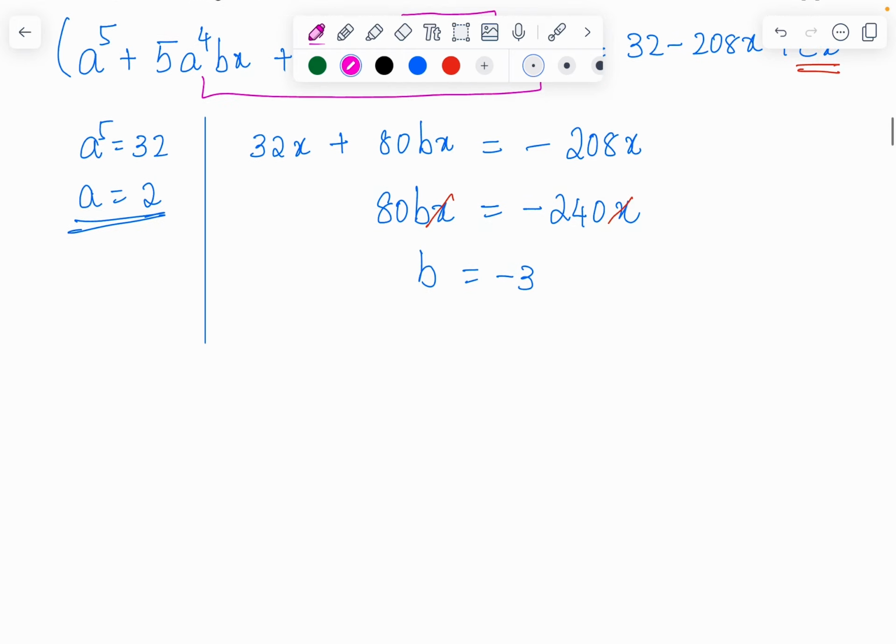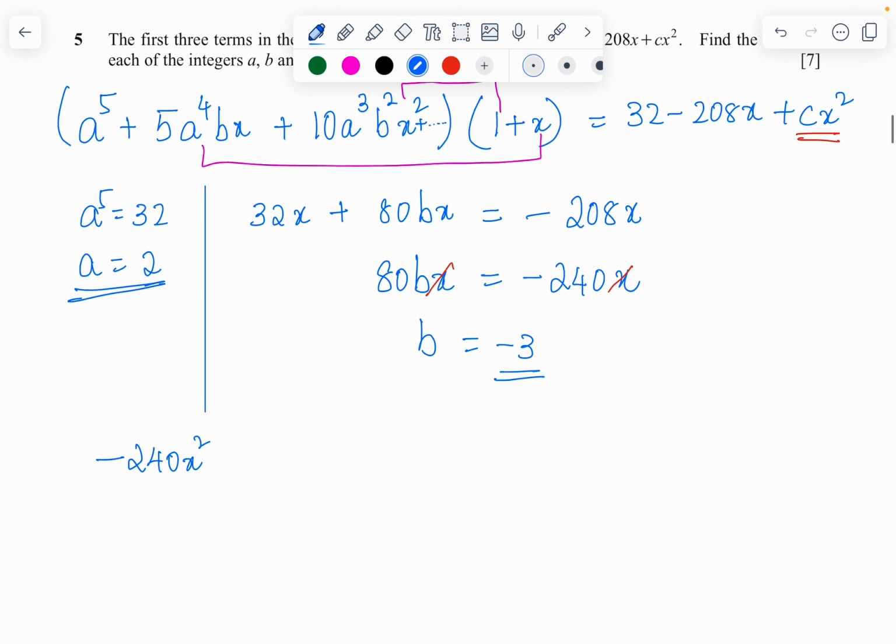Let me write it down. Again, 5 times 16 is 80. 80 times, we already got b is -3. So 80 times -3 is -240x^2. That is the first one.